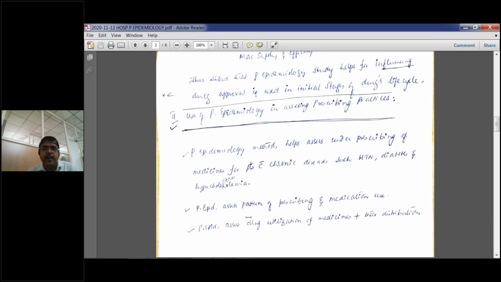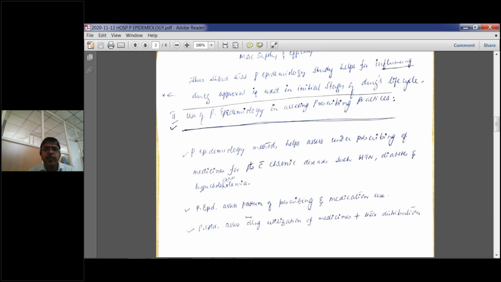And also you can assess medication usage: whether after prescribing, the patient has taken the medicine or not, whether he has purchased all the medicines or not, whether he is taking them regularly 3 times a day as prescribed by the physician, whether the medicines are getting refilled after consuming the first set that were prescribed, and whether the medicines are stored properly in the designated places.